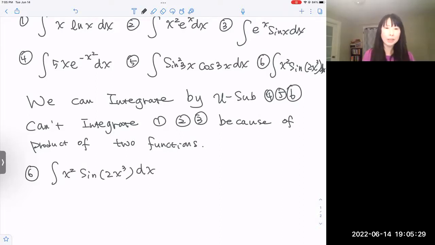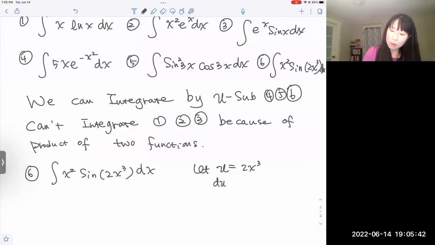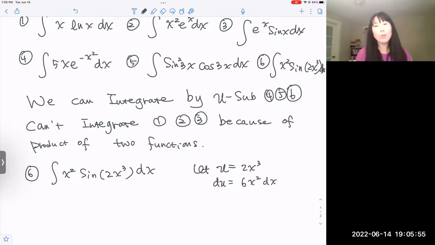How do we integrate? U sub, then u equal to, what do you want to set up as u? 2x to the third. Excellent, right? So what's the du with derivative respect to x? In this case, what do you get? Oh, 6x. Good, right? But look, we don't have a 6x squared, so we divide by 6, both sides.